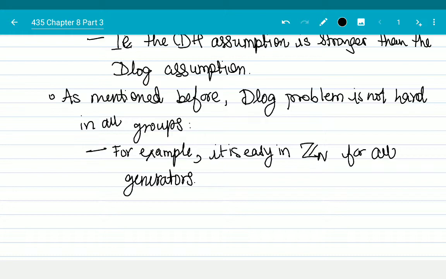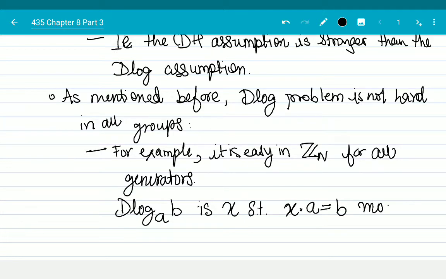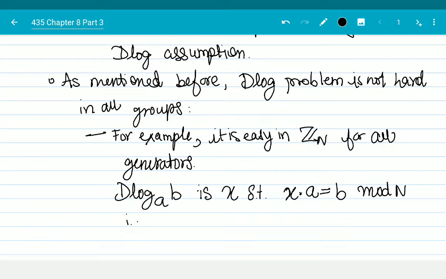Basically, what are you trying to find? You're trying to find some element x such that d log in Zn, d log A of B is x such that x times A is equal to B mod n, i.e., x is equal to B times A inverse mod n.